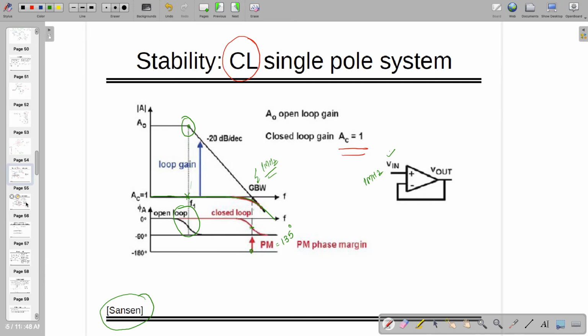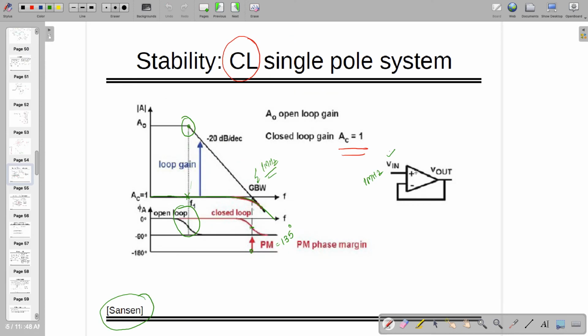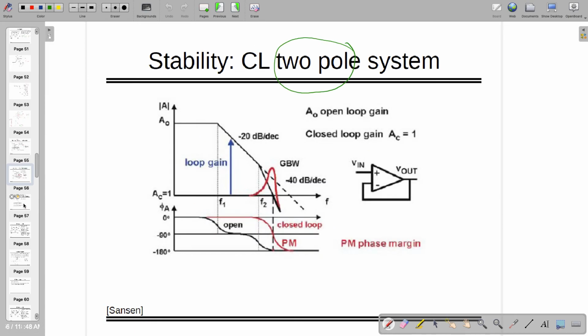But what if it is having a two pole system? What we studied right now had only one pole inside. If there are two poles inside, like this, what is going to happen in your opinion?